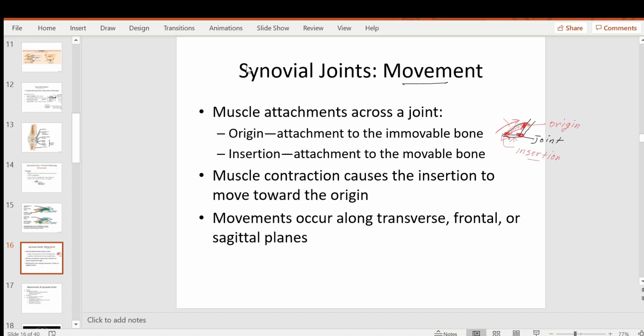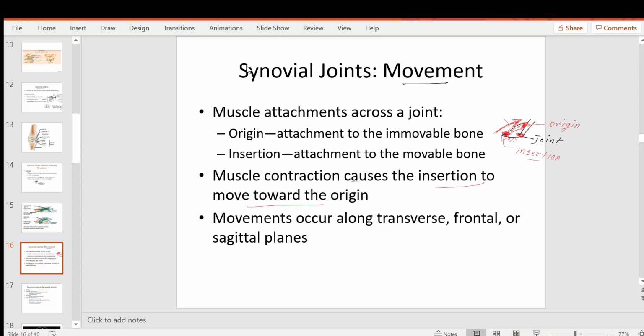The end that is attached to the movable bone is the insertion. So now we can say that insertion moves towards the origin when movement occurs at the joint.